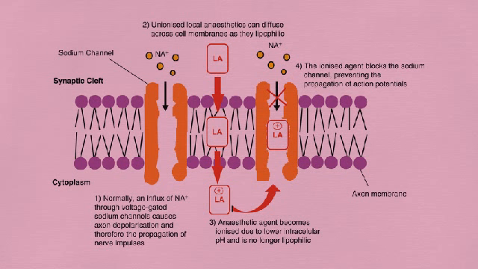Now you can see in number 2, a local anesthetic is administered in an unionized form, which diffuses very easily across the cell membrane because it is lipid soluble. By unionized we mean lipid soluble in nature. But as soon as this local anesthetic crosses the cell membrane to the inside, you have to keep in mind that physiologically the pH here is slightly acidic.